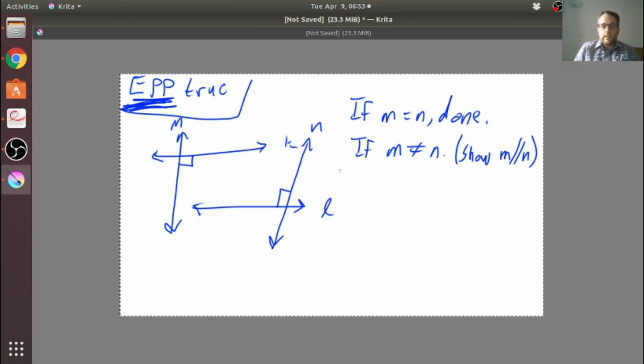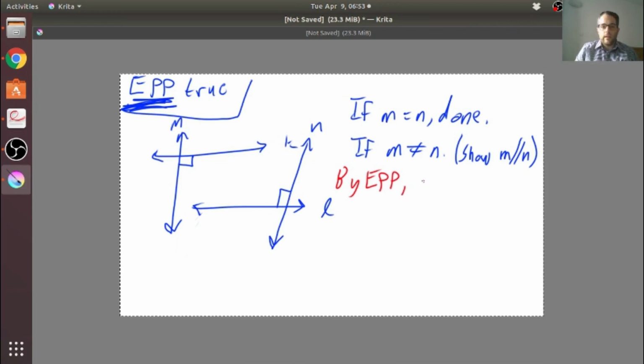According to the Euclidean parallel postulate, what do we have? I have this parallel line, there we go.